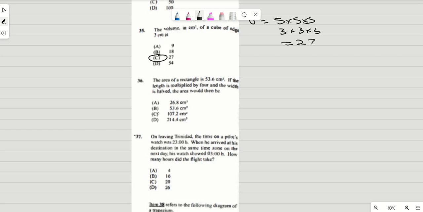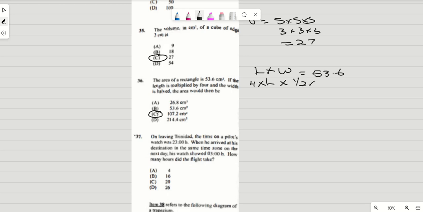Let's read it at first. The area of a rectangle is 53.6. If the length is multiplied by 4 and the width is halved, what would the area then be? I think the answer is C, but let's see. First off, we know area is length times width, which is 53.6. They said your length is multiplied by 4, so that's 4L, multiplied by a width which is half the width.